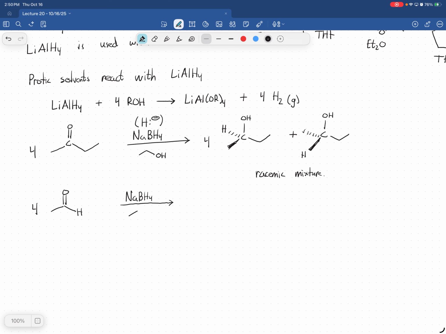NaBH4, ethanol. In this case, we will not have a racemic mixture. And why is that? What can you say about this molecule? Is it chiral? No. So you don't have a racemic mixture. All right, that'll be it for today. We'll talk about the mechanism on Tuesday.